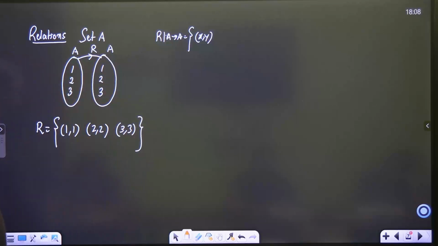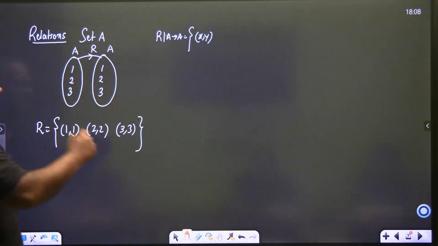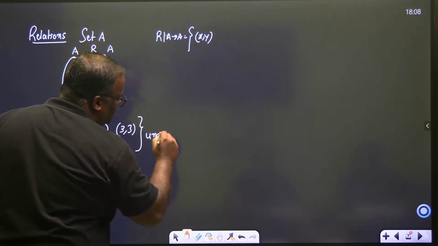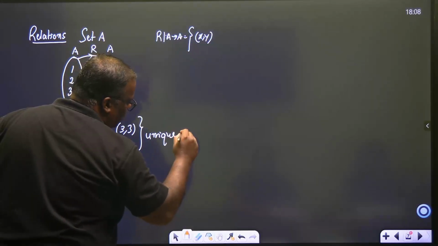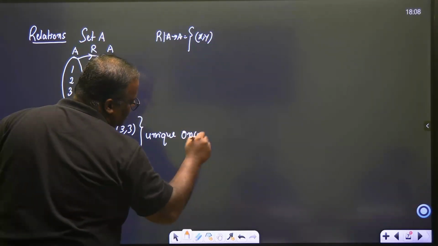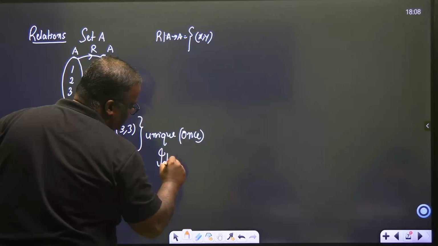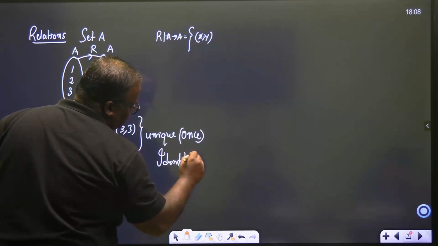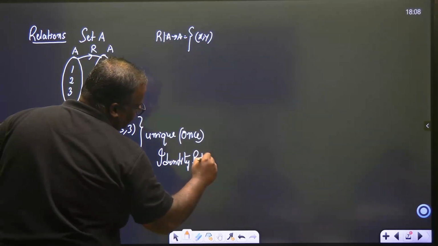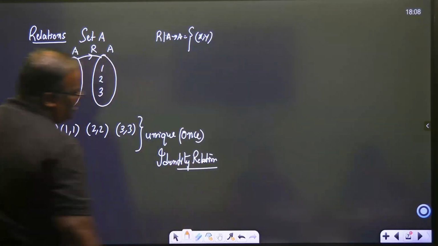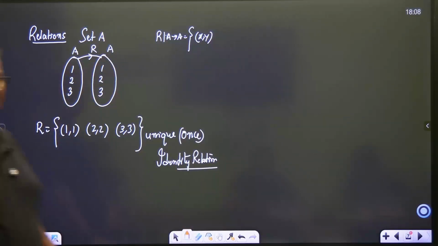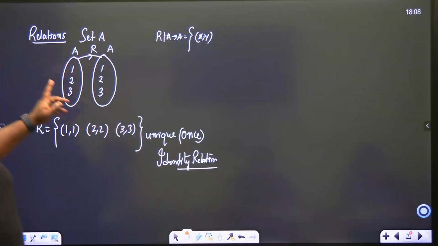Yes, it's a relation. This relation is very unique. This is very unique, and this will appear only once. That's why this relation is known as an identity relation. This is called an identity relation.